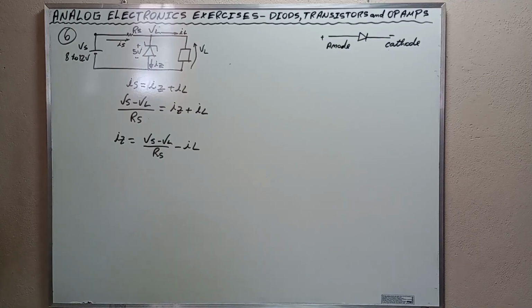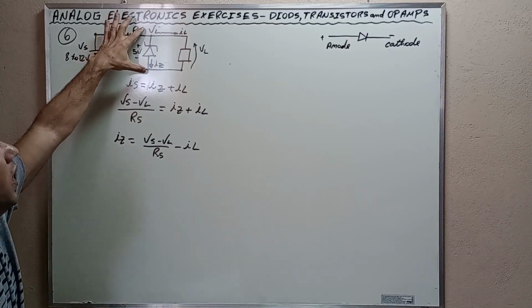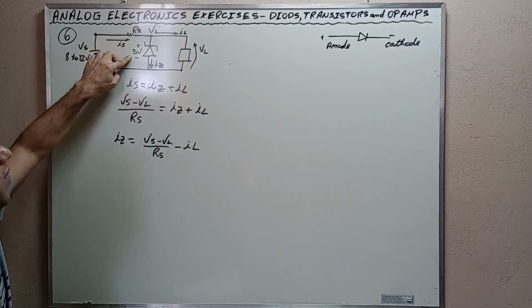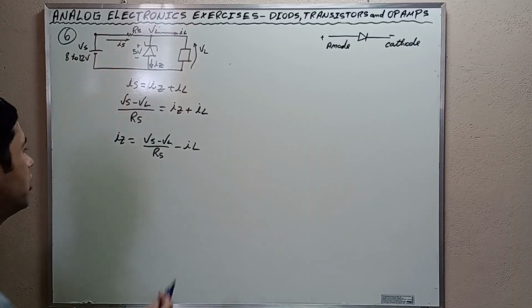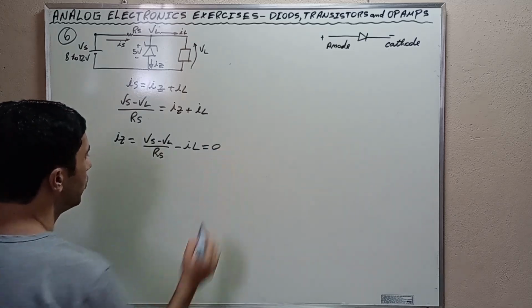We wish the current of the Zener diode to be minimum, and it occurs when the voltage VL here is less than or equal to 5 volts. So we wish Iz to be equal to 0.